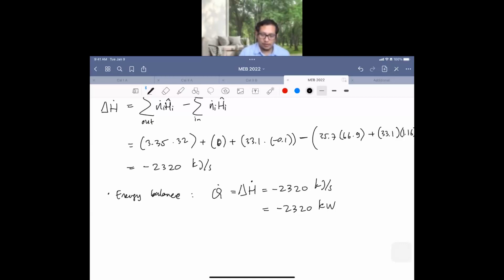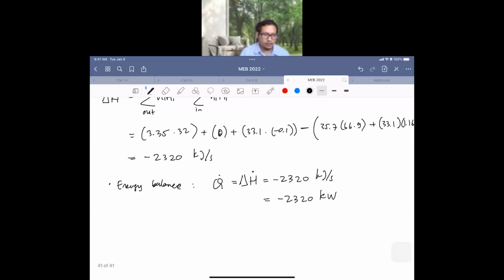So this means that the cooling rate, so heat must be transferred from the condenser at a rate of 2,220 kilowatt.